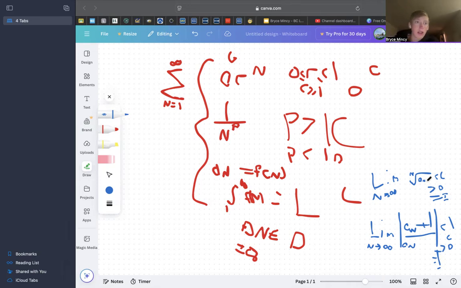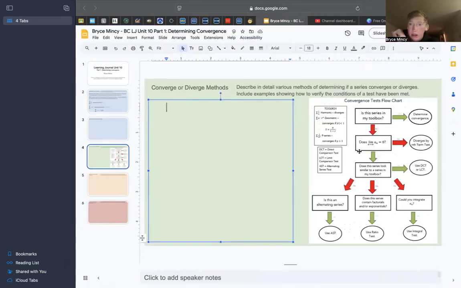And then verifying these conditions. You can verify these by using these tests. I'm going to go to the chart I have in my learning journal.